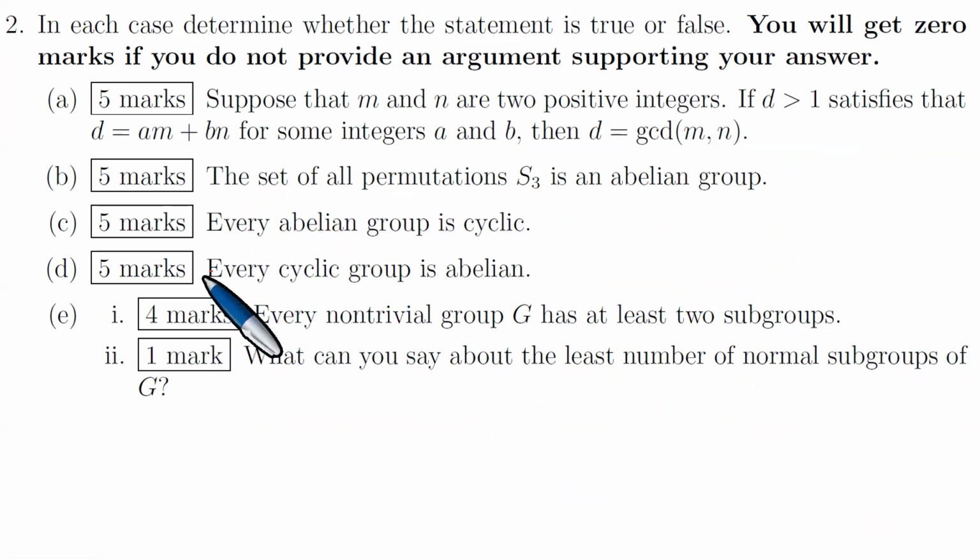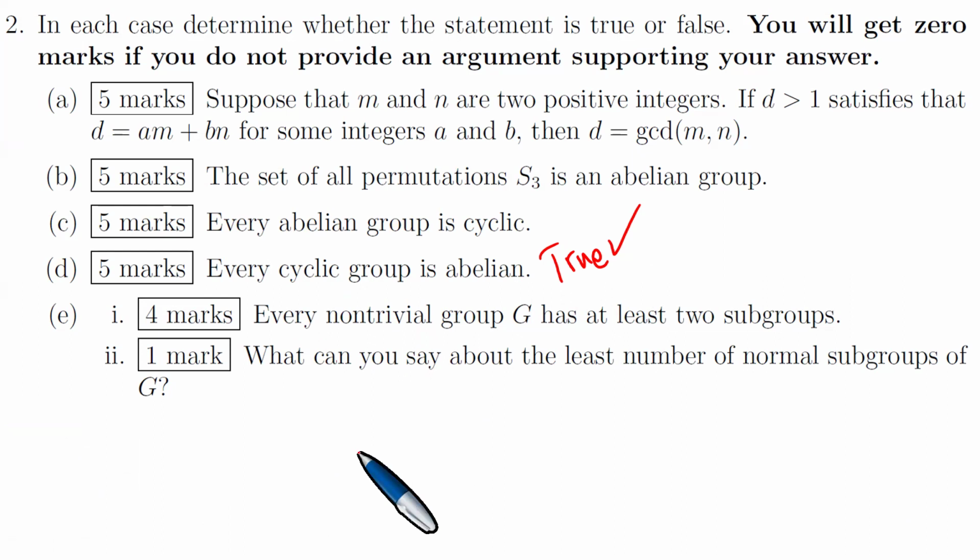Okay, we're done with that one. Next: every cyclic group is abelian. This one is true.